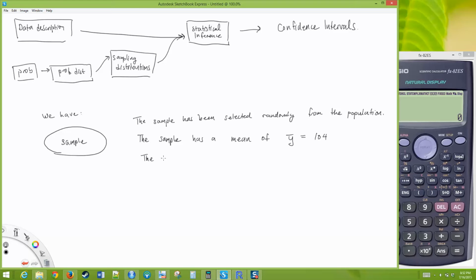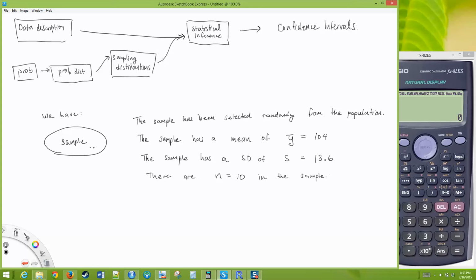And the sample has a standard deviation of S equal to, let's say, 13.6. And there are n equal to, let's say, 10 in the sample.